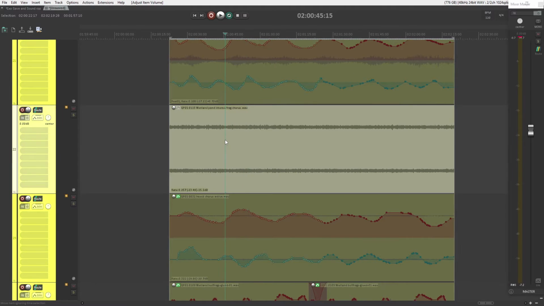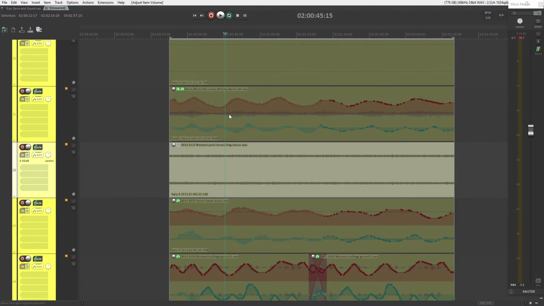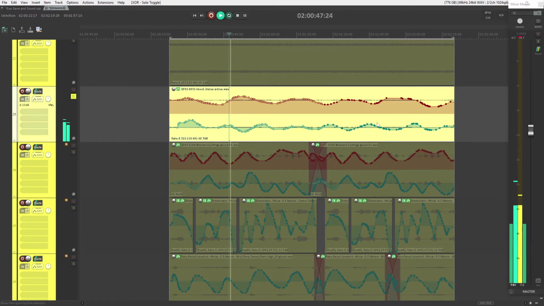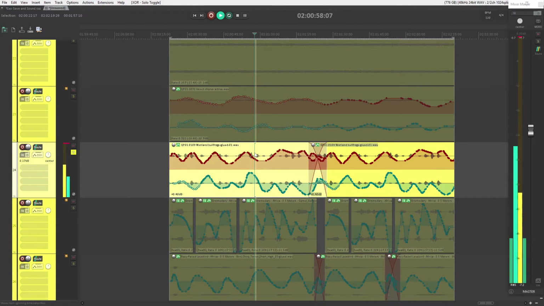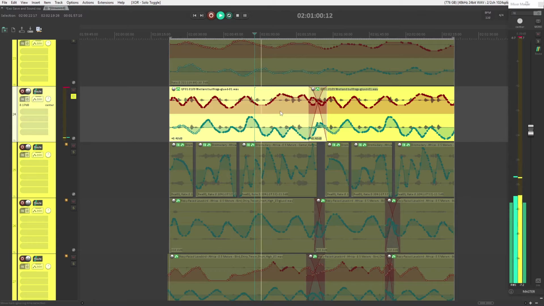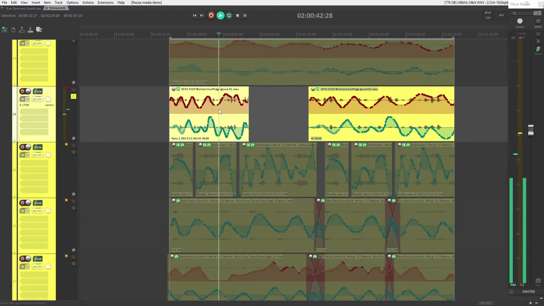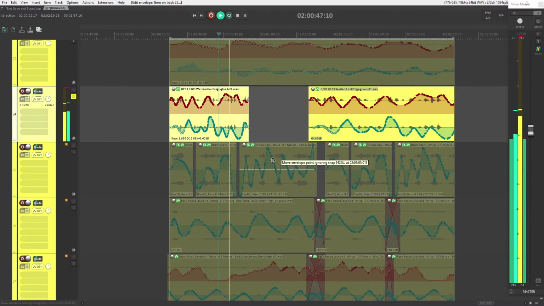Let's see. We also have a lot of frogs. I glued this, but it is stretched as well. I wonder if we can guess what it sounds like. Yeah, probably something like that.